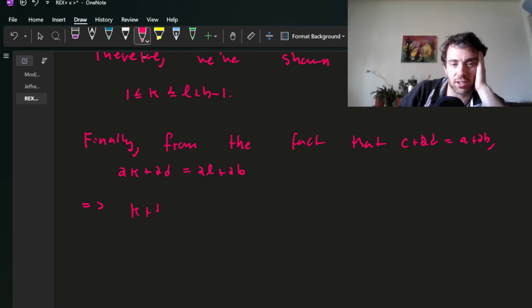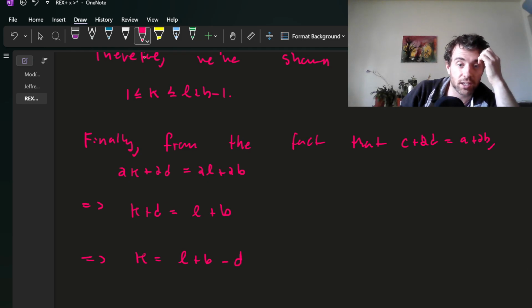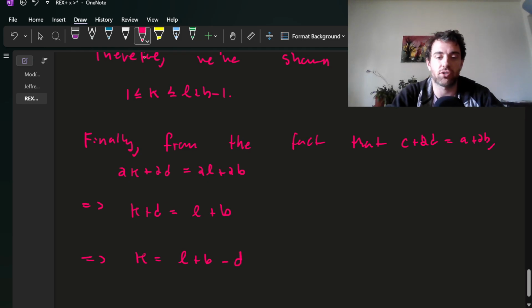So we have K plus D should be equal to L plus B. And this implies that K is equal to L plus B minus D. Yes. Right. So, but we were trying to, what am I doing?